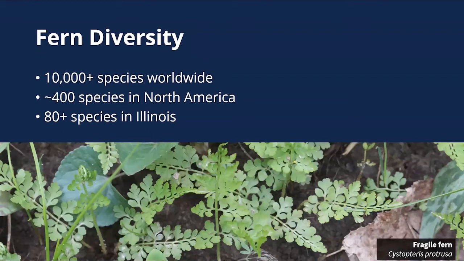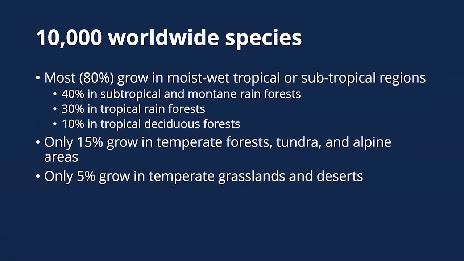Overall, ferns in general are a tropical or subtropical group. That's where the heart of their diversity in the world exists. In fact, about 80% of the worldwide fern species grow in these moist to really wet tropical or subtropical regions. 40% or so are in subtropical or montane rainforest, about 30% in tropical rainforest, and another 10% in tropical deciduous forest.